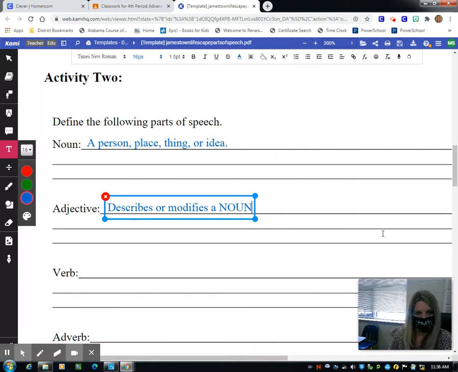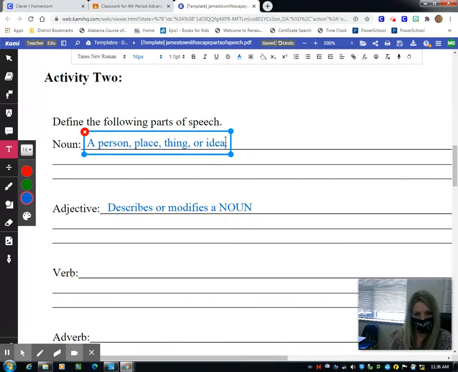I'm not putting periods into these because they're not really sentences, they're just kind of phrases. So maybe this has a period. I'm not trying to get rid of it. Okay. So adjective has one job in its whole life. The adjective's job is to describe or modify a noun.